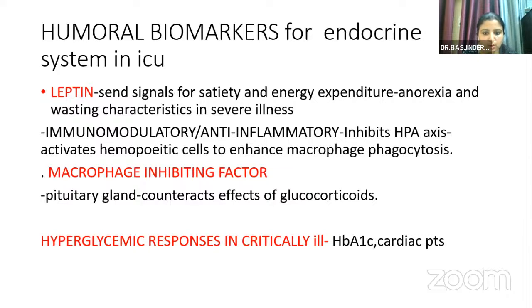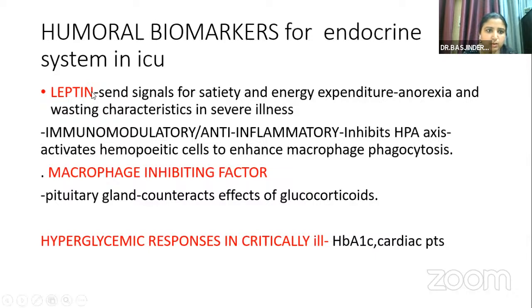HbA1c can be a good predictor or prognostic marker, and also helps diagnose how the glucose was controlled in the last few months, and in cardiac patients or ischemic stroke patients, where we need to keep strict glycemic control, also in septic patients.